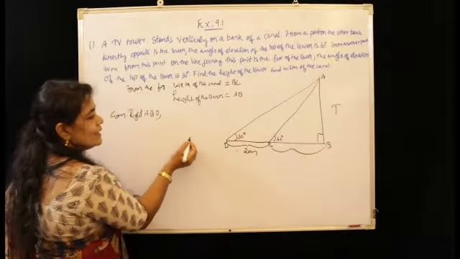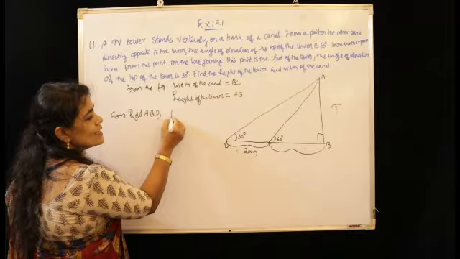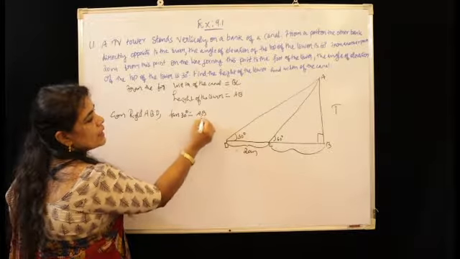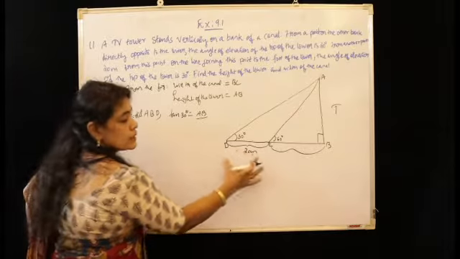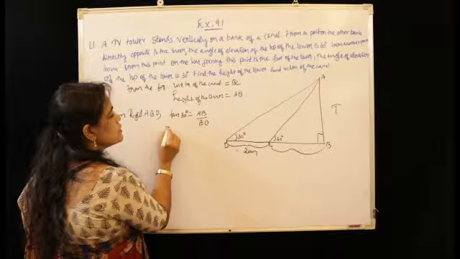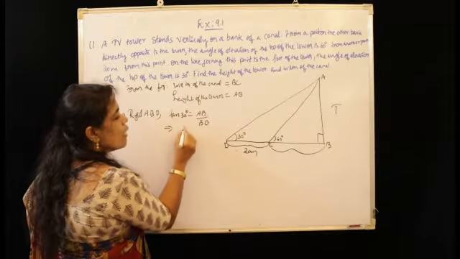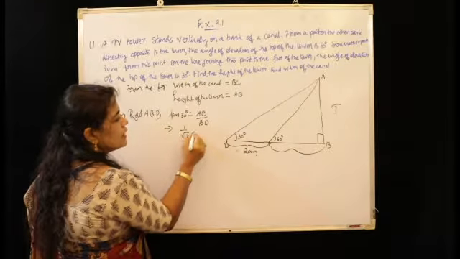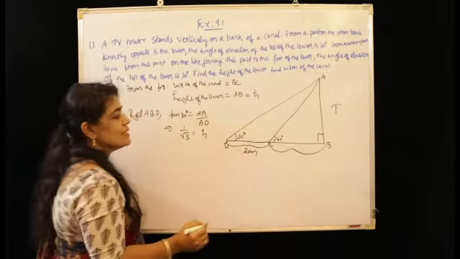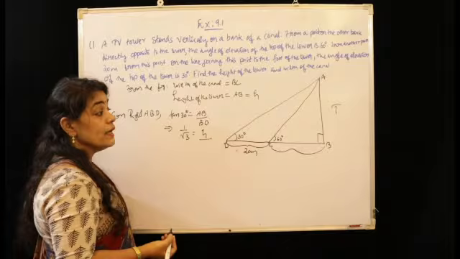So tan 30 degree, acute angle for this big one, tan 30 degree equal to AB by the big side, that is BD. And we can substitute this tan 30 as 1 by root 3, and we can take the height as h. Okay, that is height of the tower as h divided by BD.